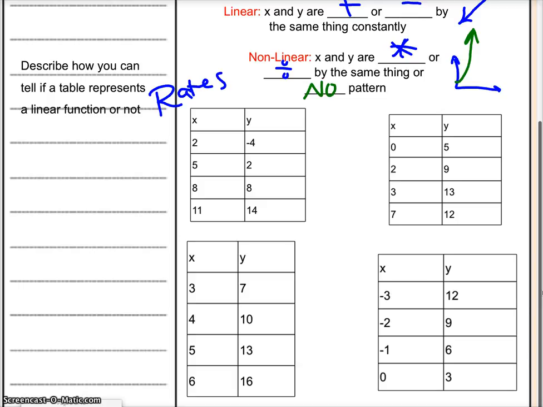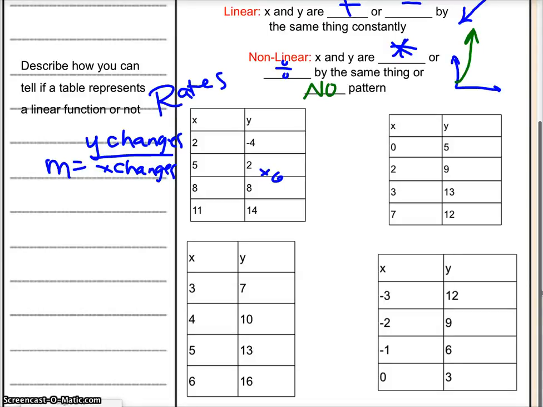So remember, m is equal to how y changes over how x changes. So I ask myself, how is y changing? What did I do to -4 to get to 2? What did I do to 2 to get to 8? Plus 6.